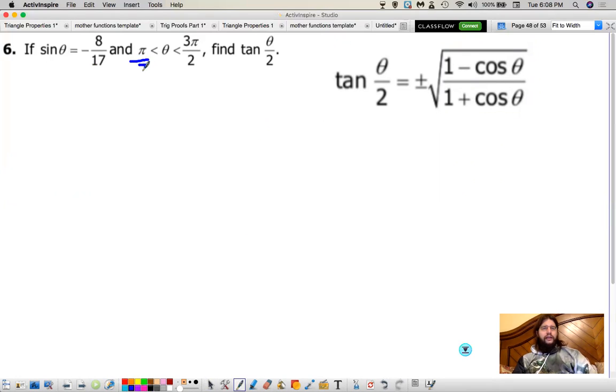Okay, cut everything in half. So we're between pi over 2 and 3 pi over 4.